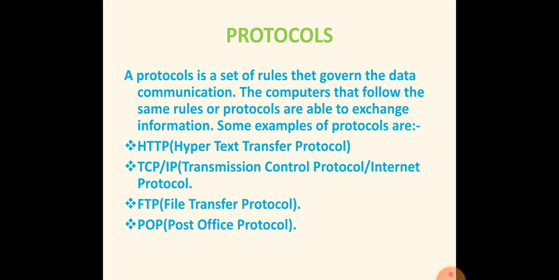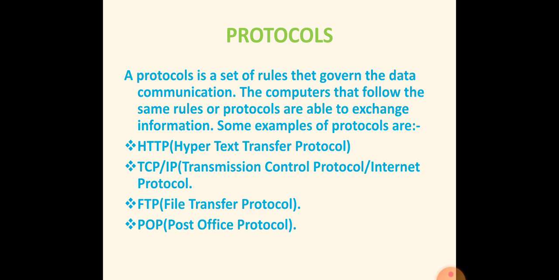The next one is TCP/IP, Transmission Control Protocol or Internet Protocol. TCP is used along with the IP to send data over the internet. The information is transmitted across the internet in the form of little bundles called packets. IP is a set of specifications that determines the best route for the packet across the network to reach its destination address.